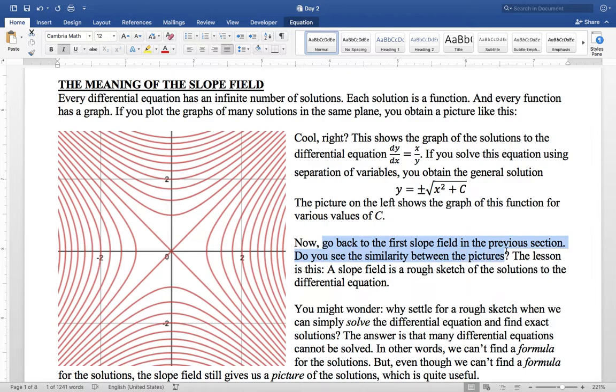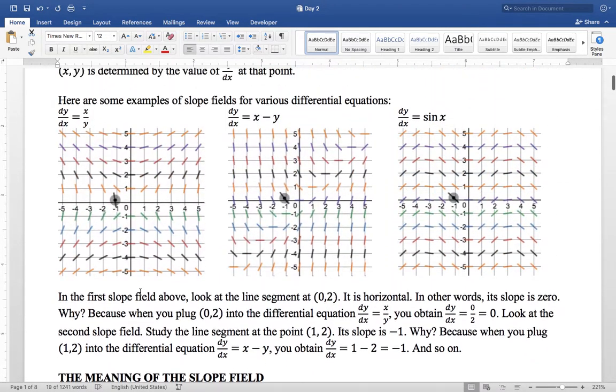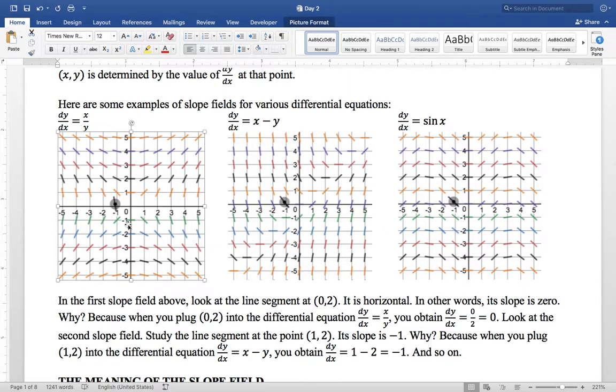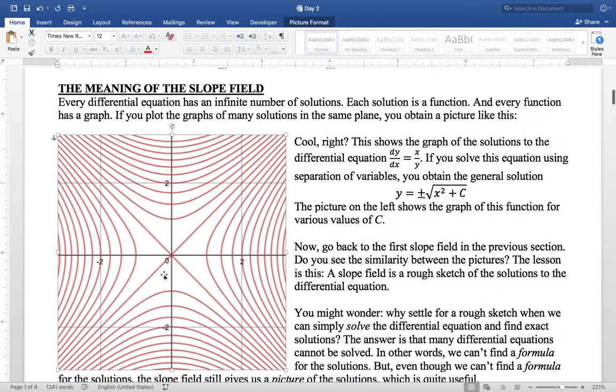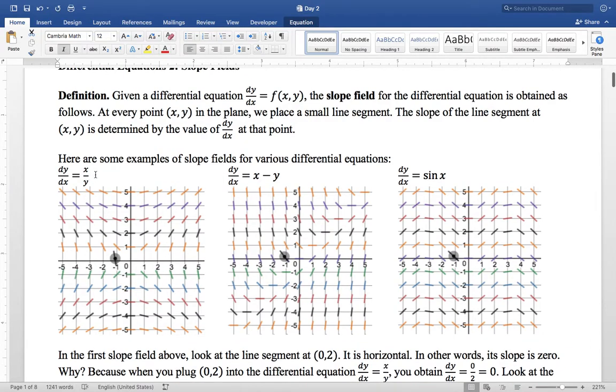Now, what I want to do is go back to the first slope field in the previous section and take a look at the similarity between this picture and the very first slope field we looked at. So let's go back. Compare this picture here with this picture here. Do you see the similarities? This differential equation here is the same as the differential equation here.